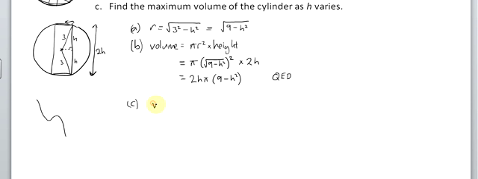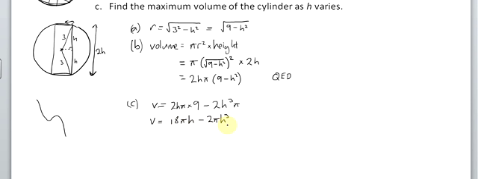So first of all, we just need to change the form of it. So V is equal to 2h pi times 9 minus 2h cubed pi. I'm going to rewrite that a bit more pleasantly. 2 times 9 is 18, so it's 18 pi times h, and then we're going to have minus 2 pi h cubed.